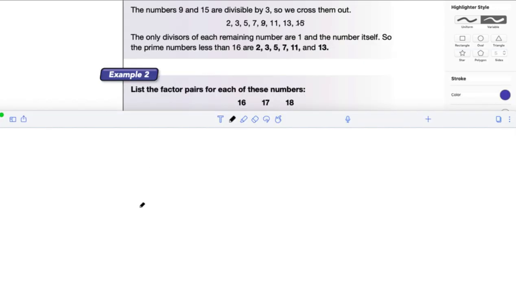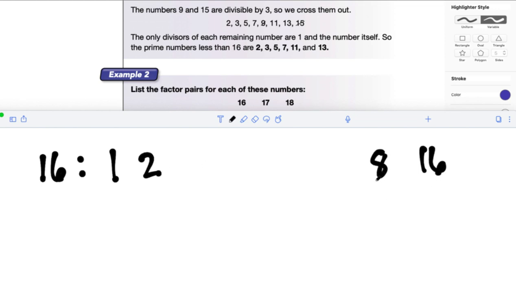So here in example 2, we're asked to list the factor pairs for each of these numbers. Now, I like to call them factor rainbows because I like to make a rainbow out of it. And we talked about that before. So if I have, let's say, the number 16, and I want the factor pairs, I know 1 times 16 will give me 16. I know 2 times 8 will give me 16.